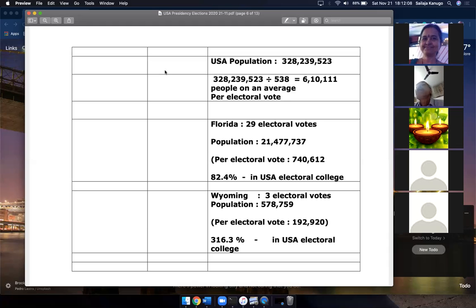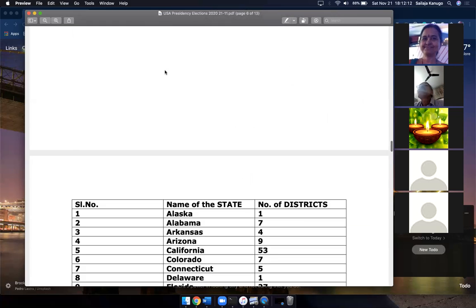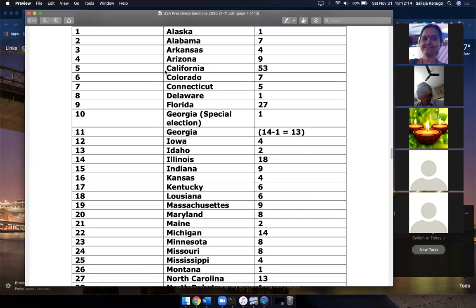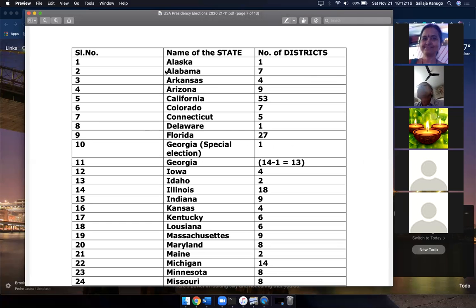Like that, in the next statement, I have given the 50 states in USA. So in each state, how many districts are there? Means from each district, 1 representative is there in the House of Representatives.